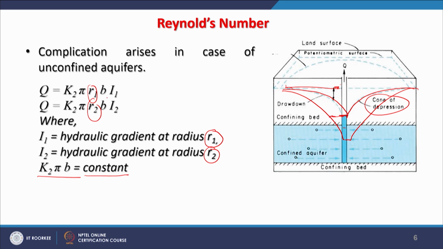So, let us go back again: Q equals K2πR1B I1, and Q equals K2πR2B I2. So, these hydraulic gradients at radius R1 and R2 are there, and accordingly we are handling this situation about Reynolds numbers.